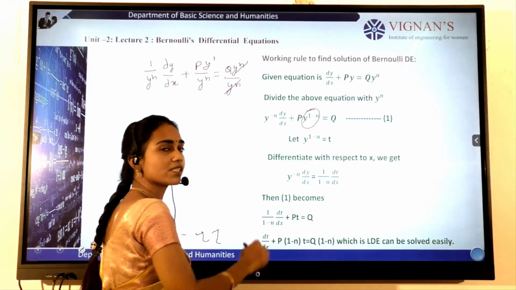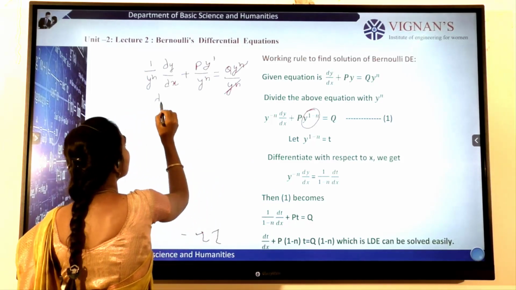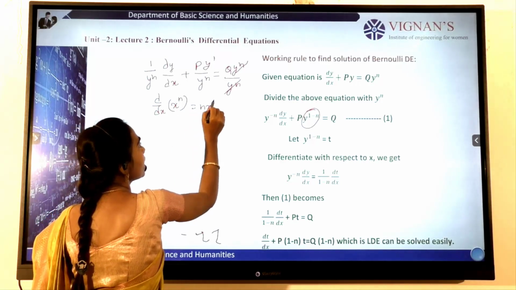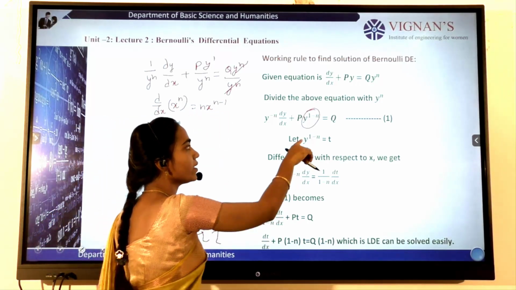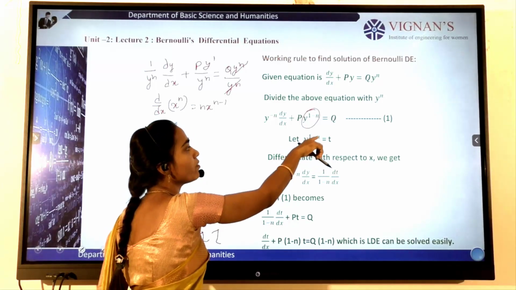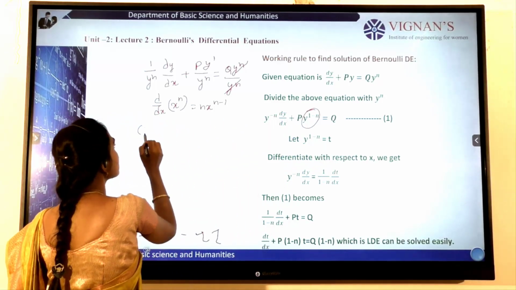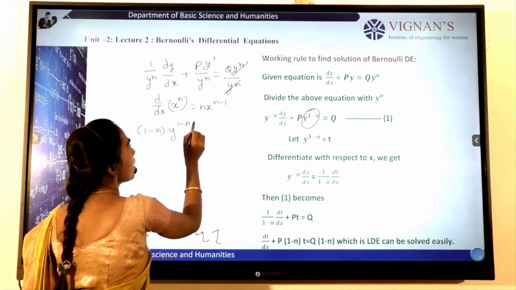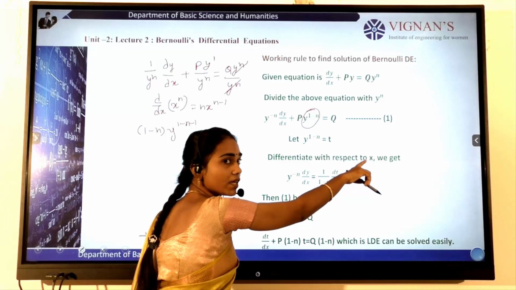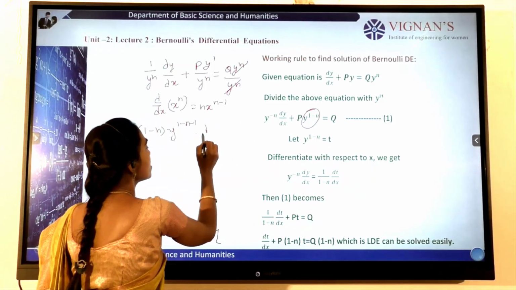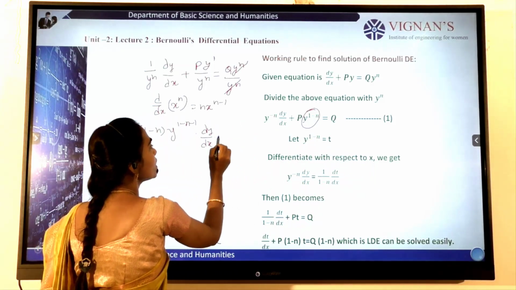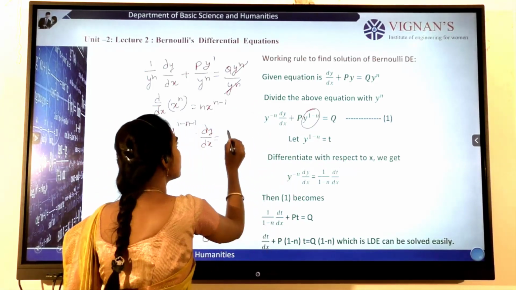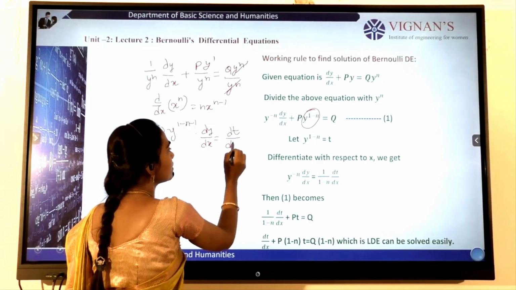It is in the form of x power n, right? The formula for d by dx of x power n is n into x power n minus 1. Let us apply this formula to y power 1 minus n. So, what happens? 1 minus n into y power 1 minus n minus 1. Because we are differentiating with respect to x, it becomes dy by dx is equal to, again on the right hand side we are differentiating with respect to x, it becomes dt by dx.